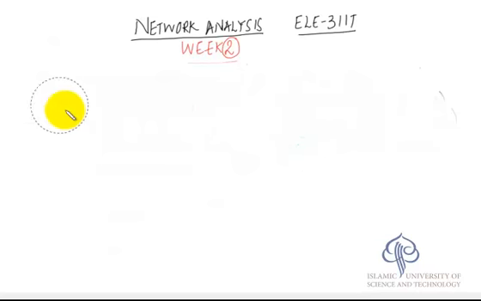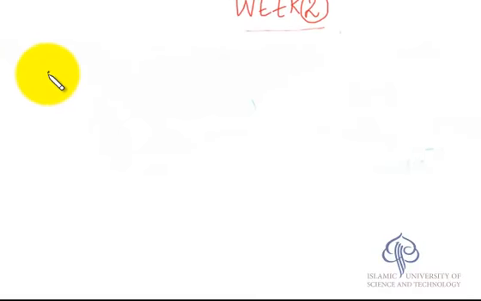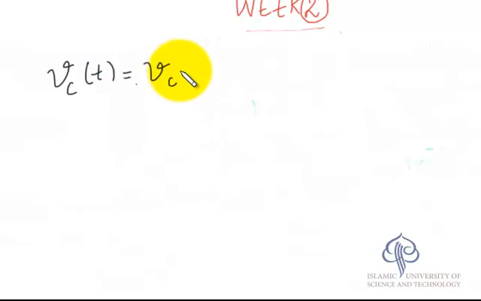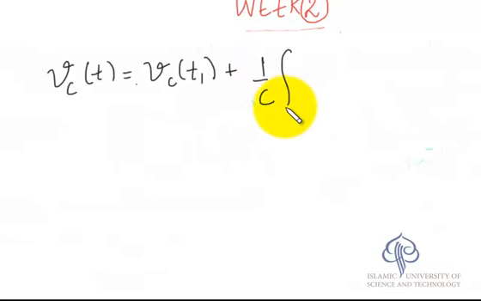For the capacitor, we have Vc(t) is equal to Vc(t1) plus 1/C integral from t1 to t of i(t) dt.